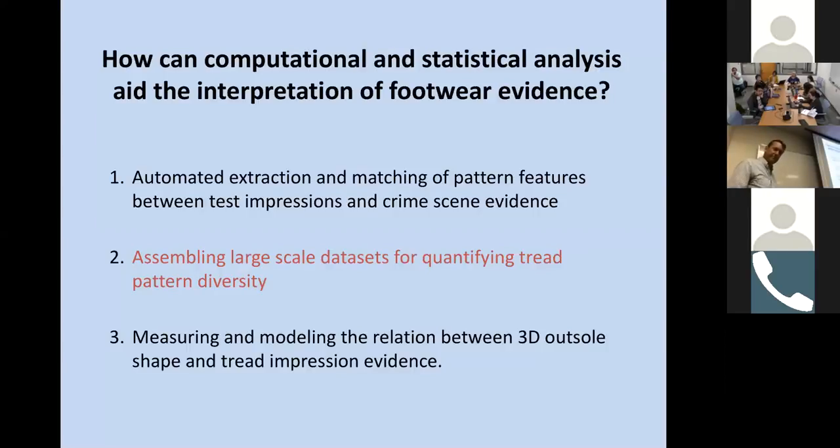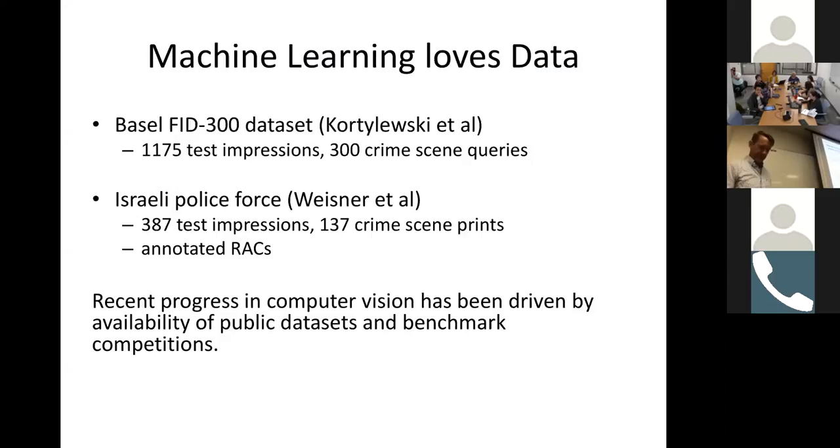And so the second topic that I want to talk about is where we can expand this available data. In particular, if we look at the two data sets I presented so far, this data set from Basel, collected by Adam Karlewski, and this Israeli police force data set, these are relatively small samples. They're incredibly valuable for research purposes, but they depict, say, hundreds of different impressions and queries, and so the statistics of these data sets are somewhat limited.